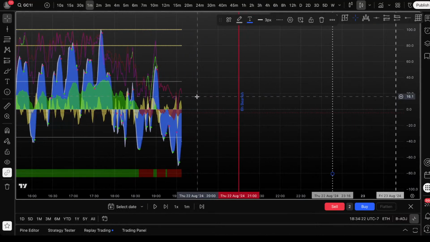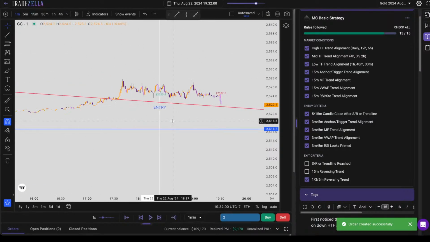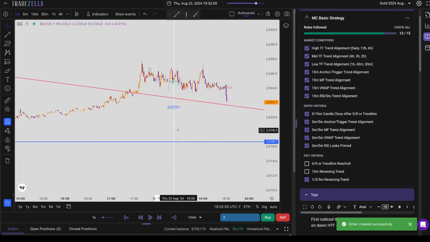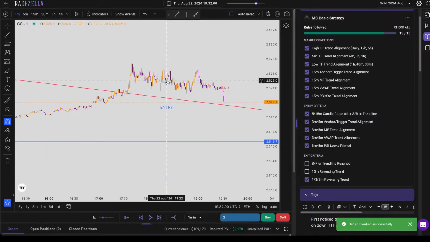All right, let's see where we at. My entry was right here on the 1 minute. $18.22.